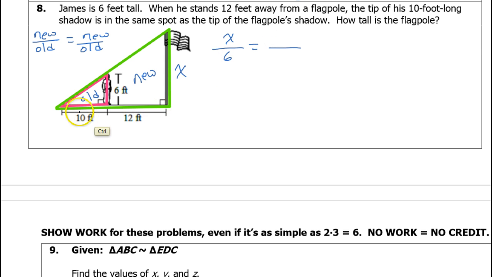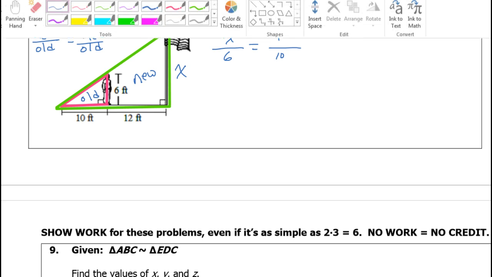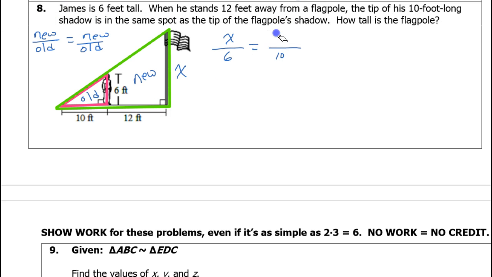Now, down here at the bottom, I have a bunch of numbers that I can use to do my corresponding sides. But be very careful. A common mistake is some students will write 12 over 10, thinking new over old, 12 over 10. But that is wrong. 12 is not the side of the triangle. 12 is just this little leftover piece after the 10.